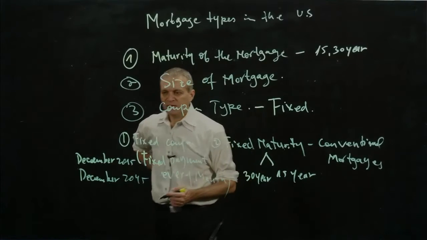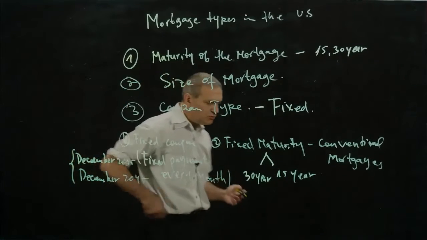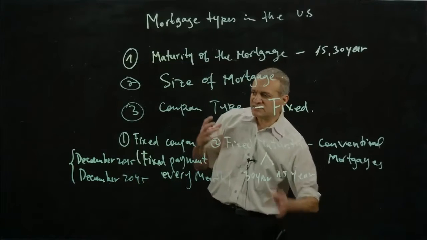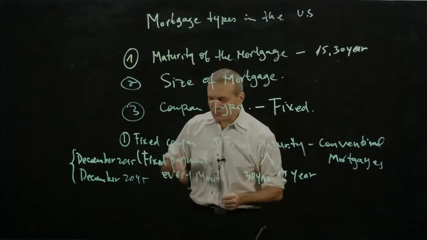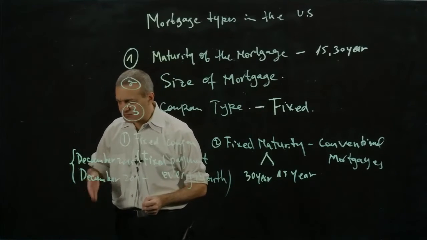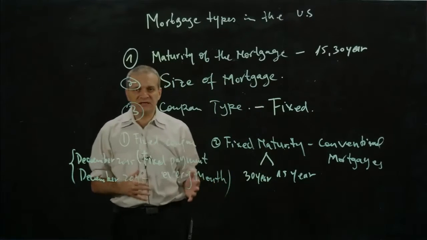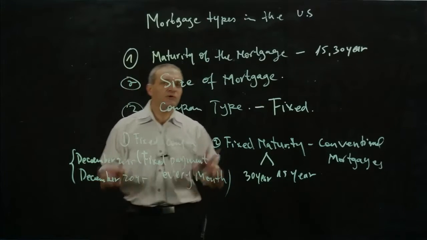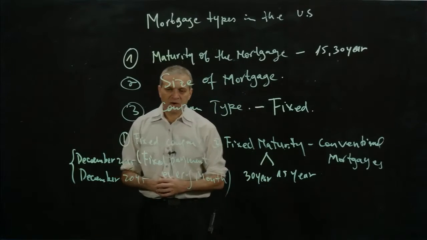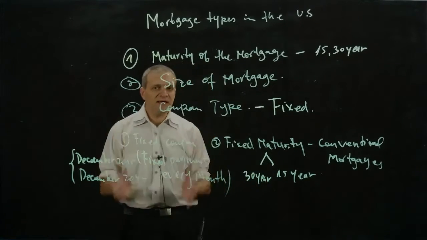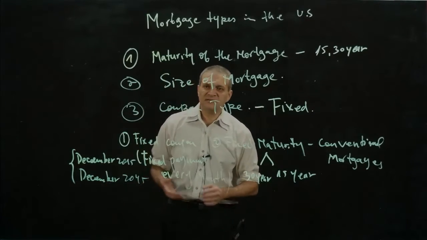So this is actually a very simple and very straightforward fixed income structure. Basically, you're paying each month X amount of money, which will include the principal and the interest on the mortgage. We will talk about the calculations in the next video. And you're paying it on a monthly basis until December 2045.